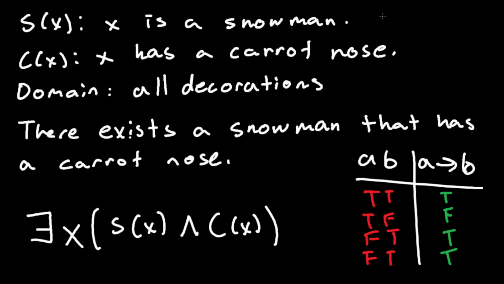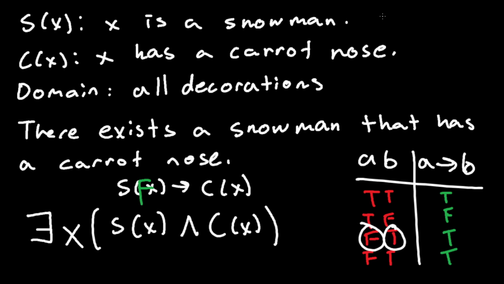Now, in the case of this sentence, all we care about is that there is a snowman that has a carrot nose. And we don't want the quantified statement to be true when there isn't a snowman, right? So this right here basically states false, true, right? So if this was S of X dash C of X, we're basically saying the snowman portion is false if we take a look at this truth value.